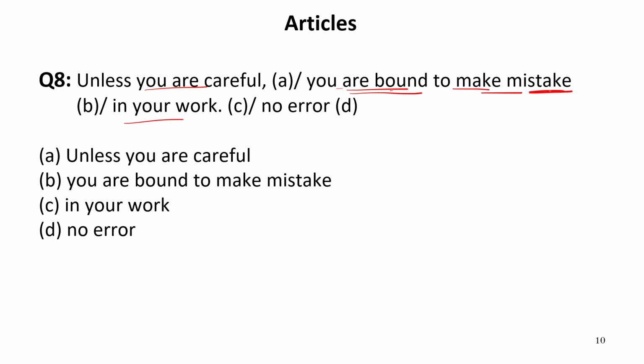So you are bound to make, either it should be written "mistakes" or "a mistake", because this is a noun before which we should use an article. So it should be either "mistakes" or "a mistake". Therefore, the error is in part B, so our answer is B.